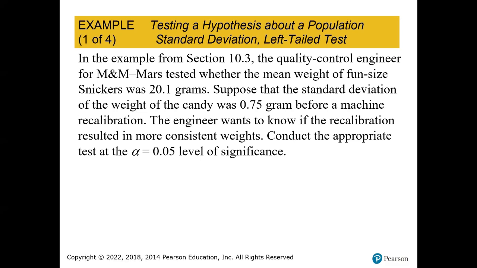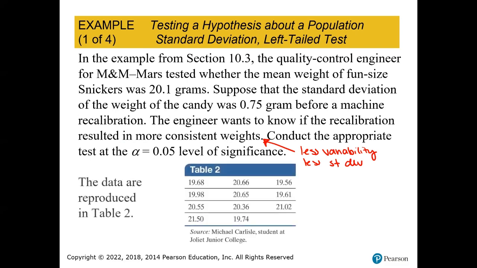So you need to understand that when you say more consistent results, that means less variability, which means less standard deviation. So we want to conduct the appropriate test at the alpha of 0.05 level of significance. Remember, we have our data table here.